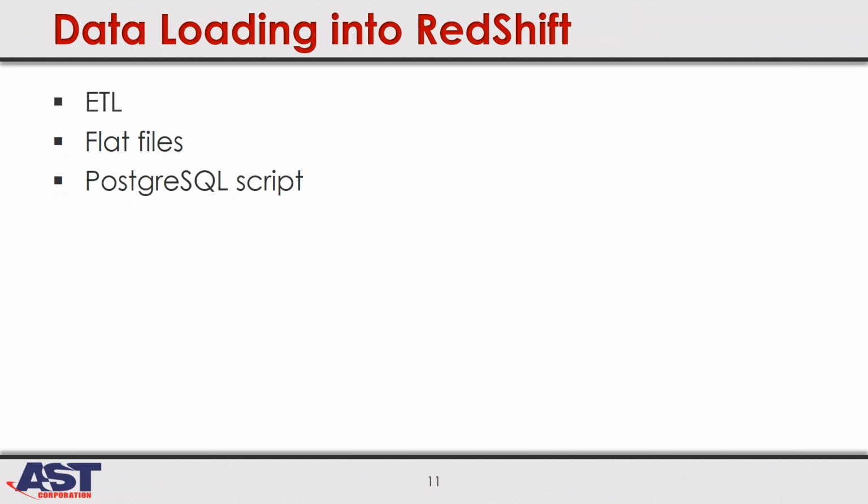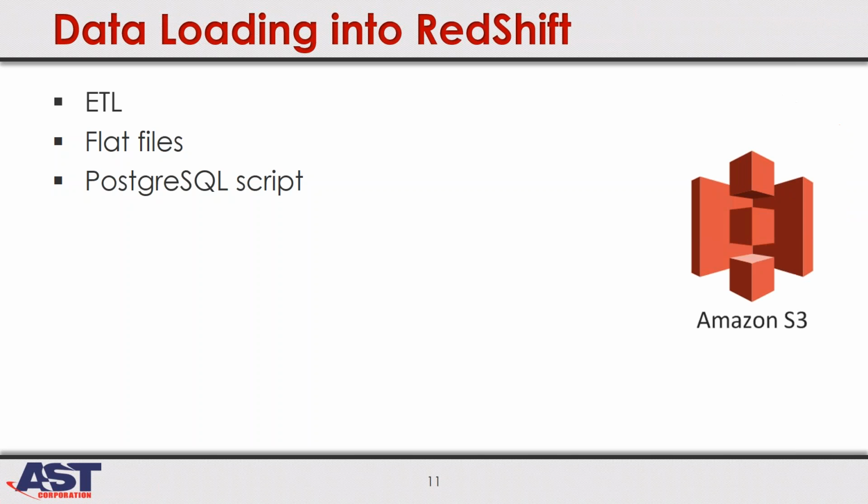So these are all the traditional ways to do it, and the other way is the special way introduced by Amazon, which is getting the data into a storage unit of the Amazon services, the Amazon S3. This is a storage unit provided by Amazon.